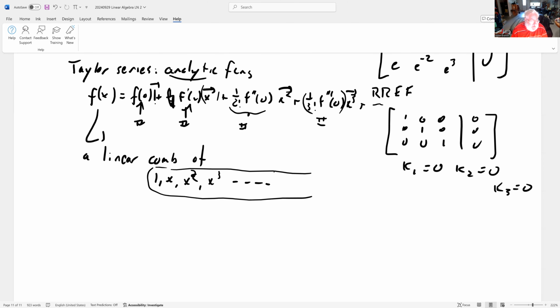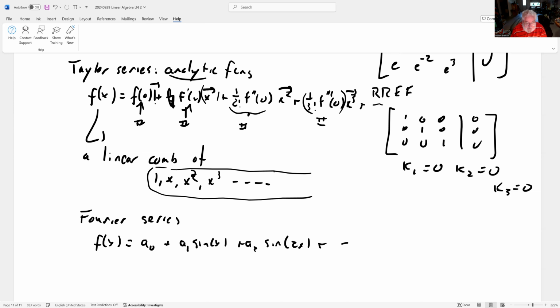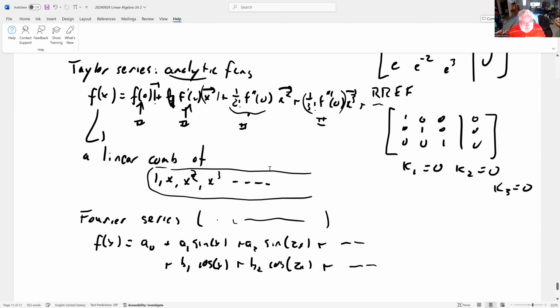Fourier series is another one. We can write functions as being a constant plus a constant times sine of x plus another constant times sine of 2x plus dot dot dot plus a constant times cosine of x plus another constant times cosine of 2x plus dot dot dot. And there's some restrictions on what kind of functions can be expressed like this.